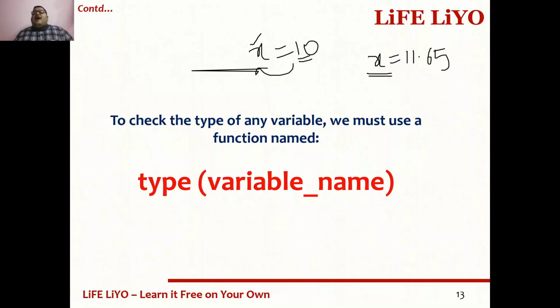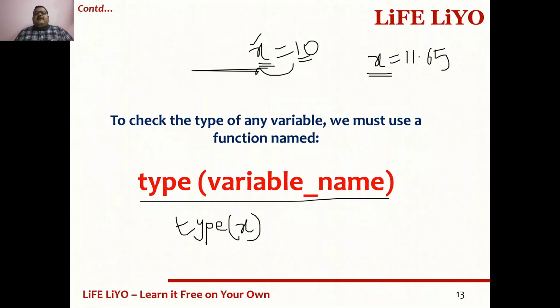Now, the type allocated to a variable can be found out with the help of type of variable name. For example, if you want to find the type allocated to x, I can write type of x. If y equal to Ramu, then I can use type of y.